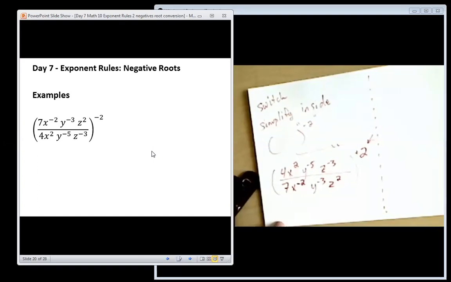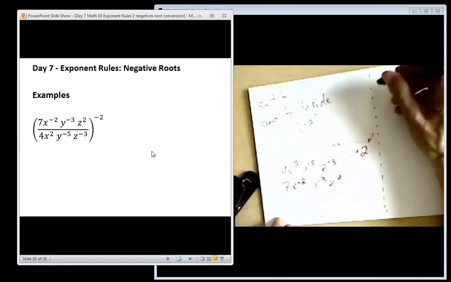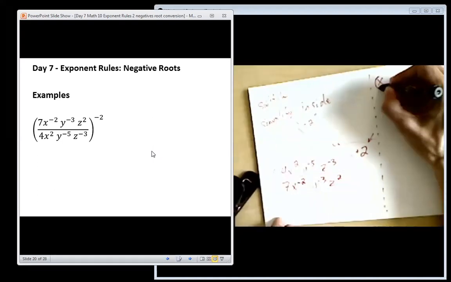So let's do the x's first. If we move this x minus 2 to the top, it'll be x squared times x squared over there. Yeah. Let's do the x's separately. Let's look at the x's like this.